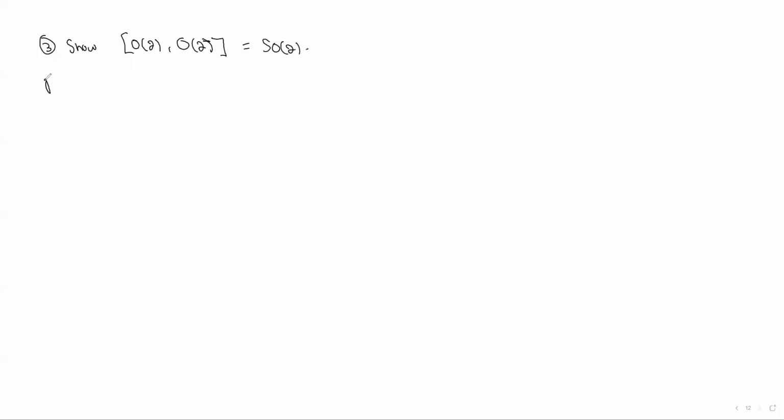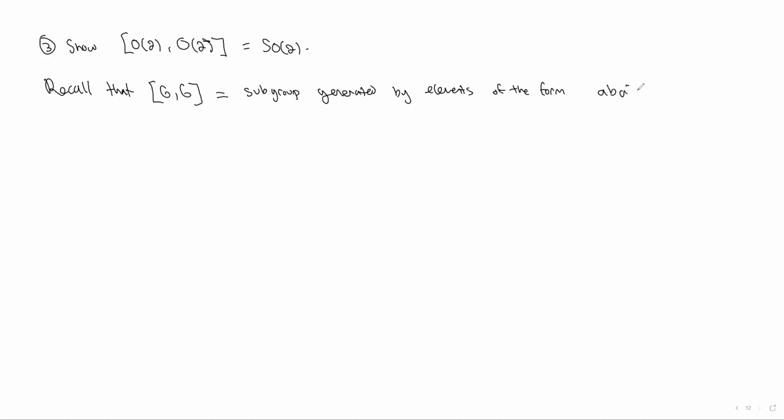Okay, so recall that the commutator of G is the subgroup generated by elements of the form A, B, A inverse, B inverse, where A and B are any elements of G. So you look at all those elements, you make a subgroup out of them.